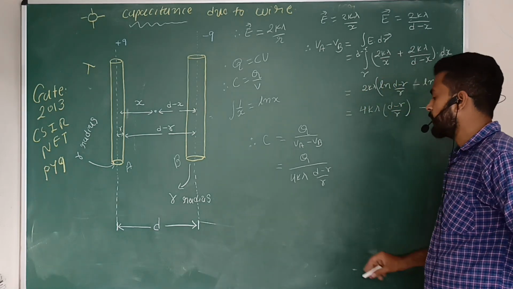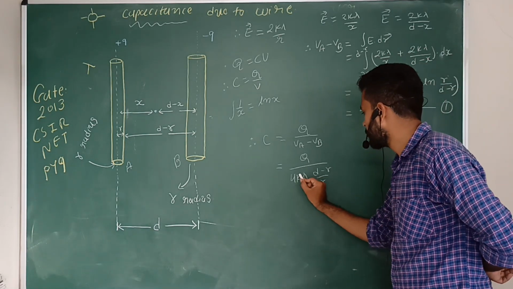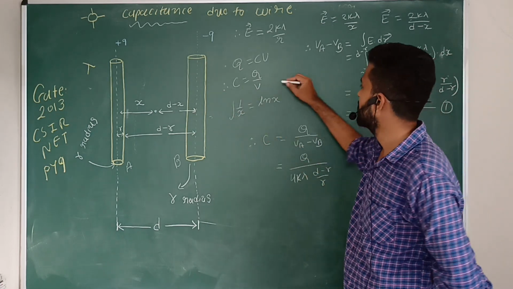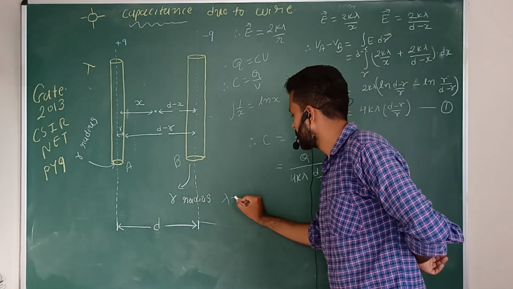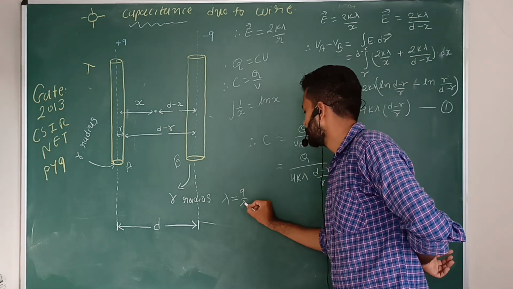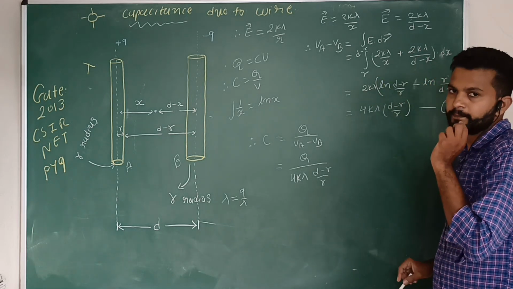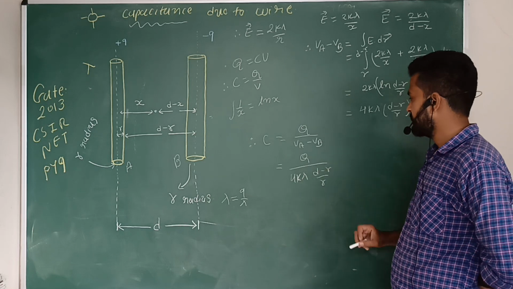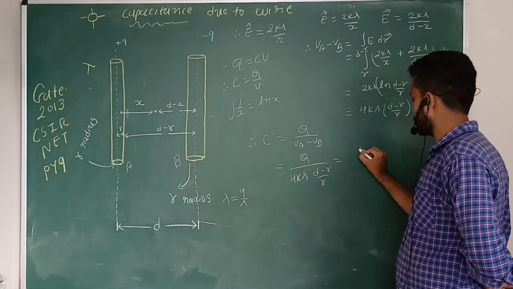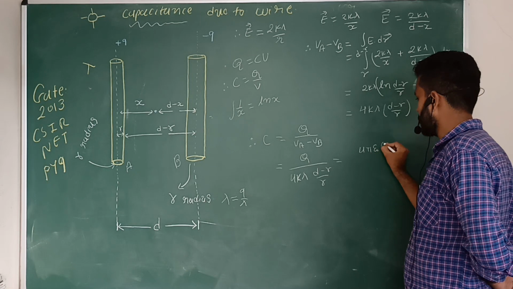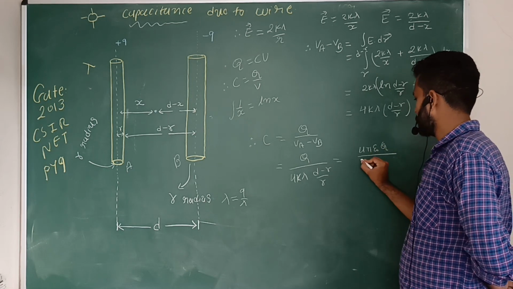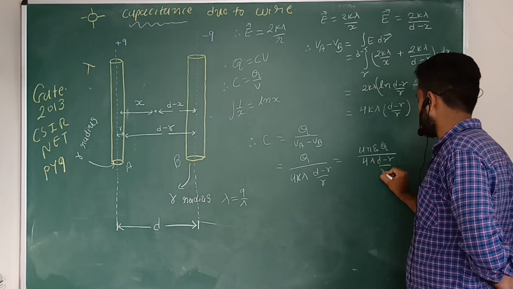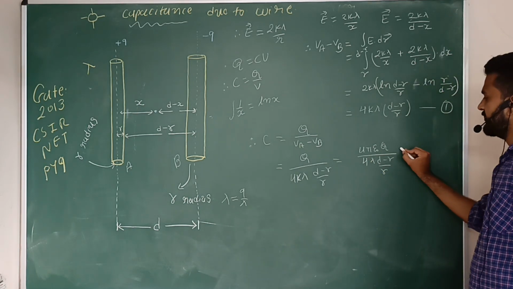Now put the value of the constant k, which is 1 upon 4 pi epsilon naught, and lambda is basically charge per unit length.